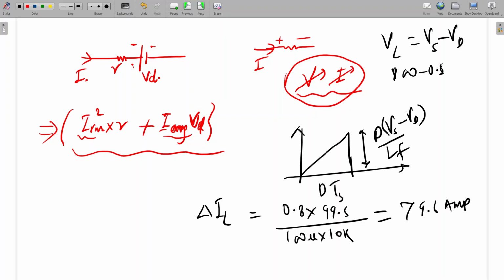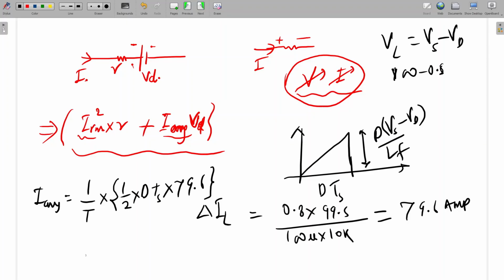Okay. So we can calculate the value. I average is equal to 1 by T into area. So 1 by 2 into DTs into 79.6. TS will cancel. So 1 by 2 into 0.8 into 79.6.